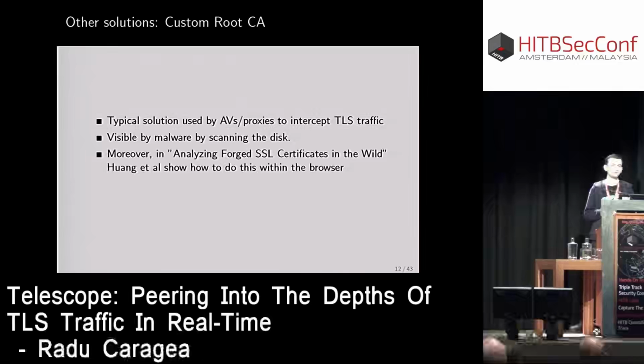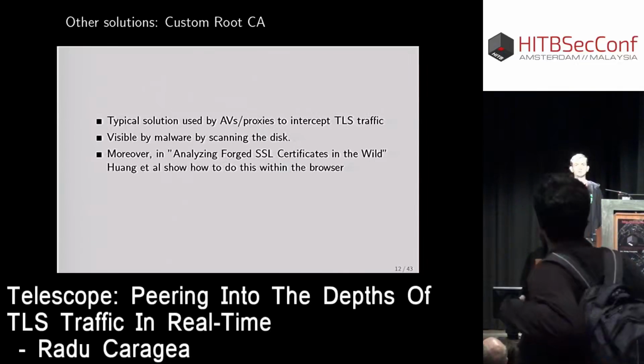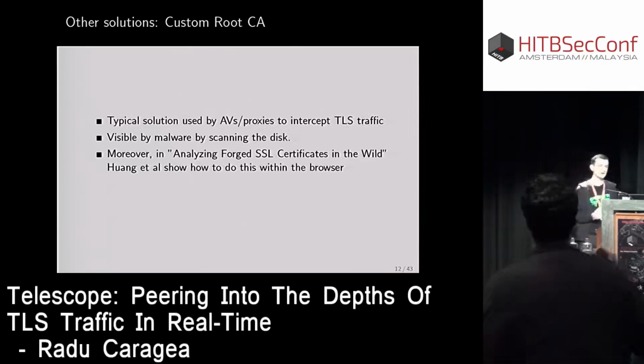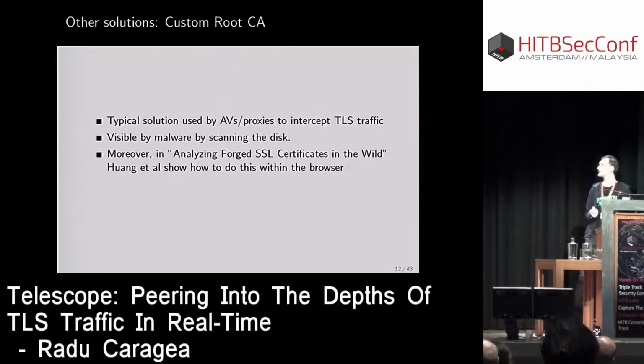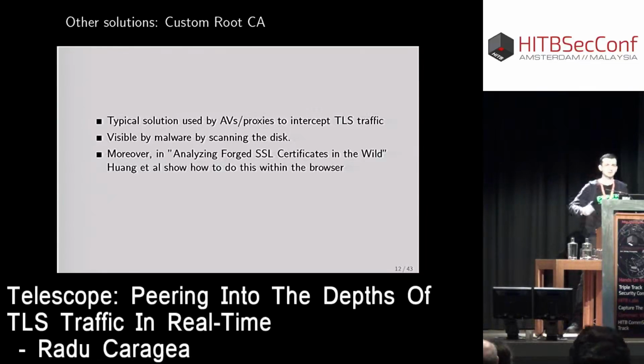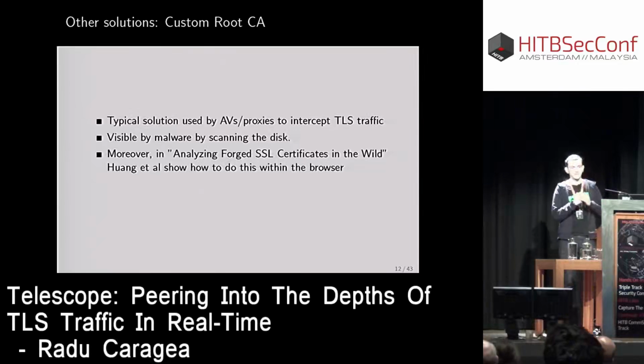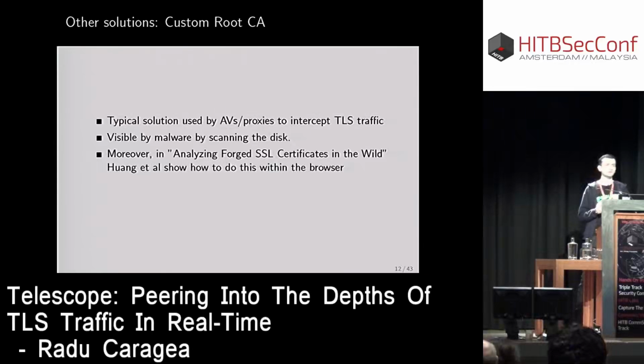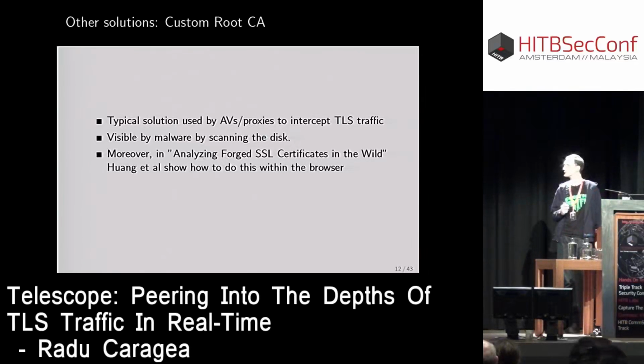It's a typical solution used by legit businesses, by security proxies such as Fiddler and Burp Suite, and by shady hardware vendors such as, you know, who issued Superfish. And because you have to add this to the system somehow, it's visible by malware, right? But it's visible by it when it escapes the browser. However, a recent paper a few years ago showed that you actually don't need to escape the browser. It's a really cool research.